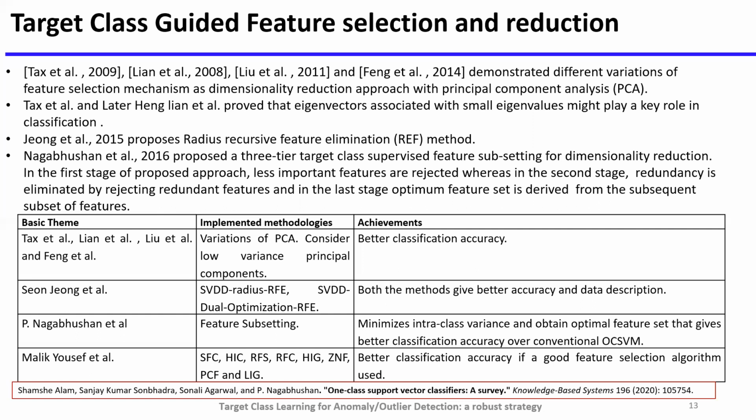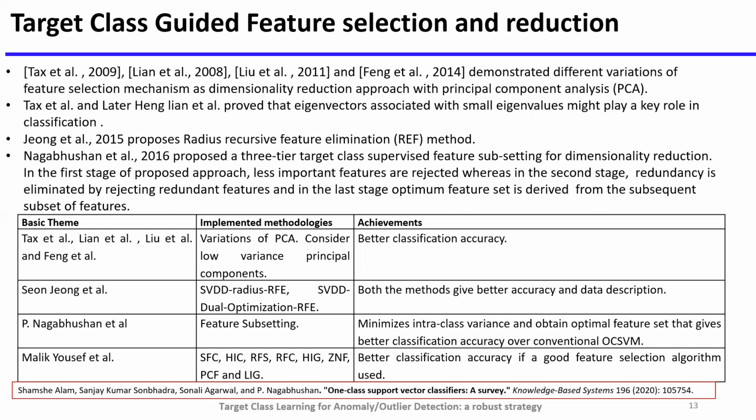At the same time, Malikisif EL have shown better classification accuracy based on good feature selection. So here we can say that SFC, LIG, HIC, RFC, all these are abbreviations.